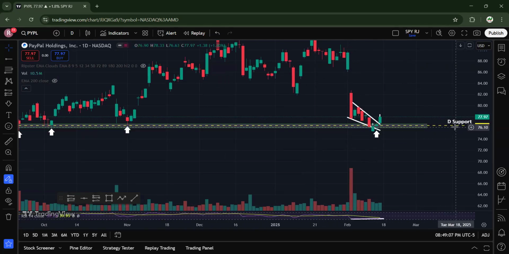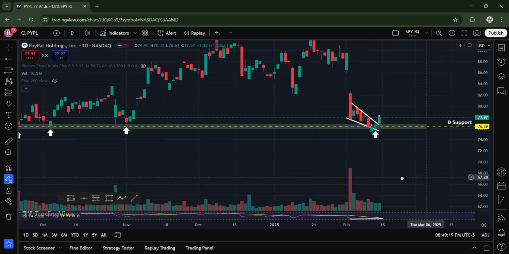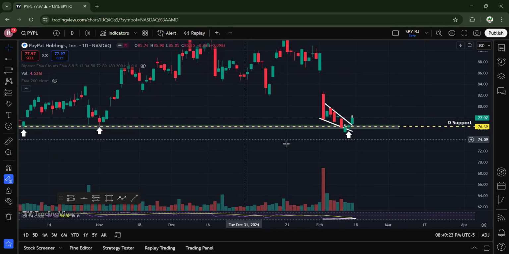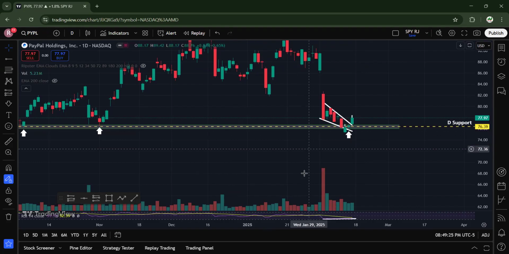Let's say they had this level drawn, but they didn't have it labeled. They're red, right? They got stopped out. They didn't understand that this was a level of support that it had failed to break down. So always label it. You don't want to be day trading at a level that you don't know what it is. That's just a little tip that helped me.